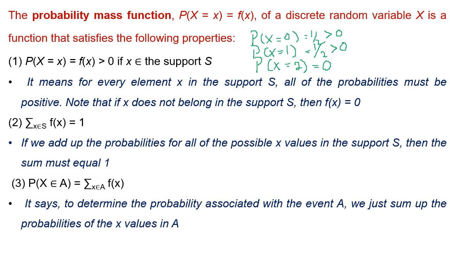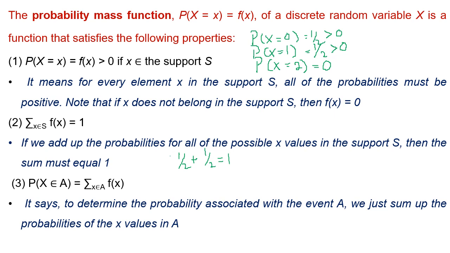Second property says that summation of probability is always equal to 1. If you add up the probabilities for all the possible x values in the support of f, then the sum must be equal to 1. For example, in the previous problem, tossing of coin once, we have half plus half, that is equal to 1.